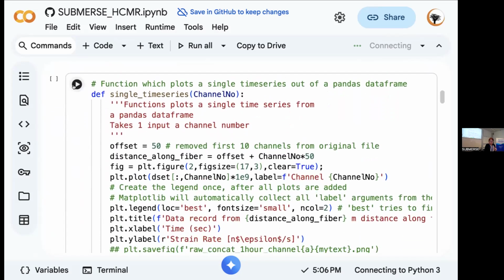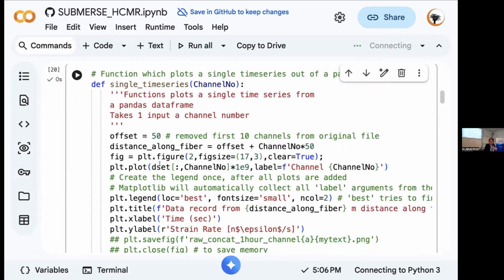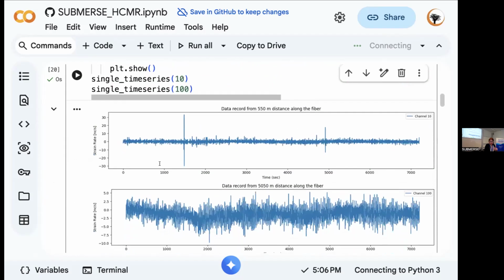I have written a function here that can give you plots of different channels. I converted the channel because of the downsampling to have an idea of where it is along the cable. This is 550 meters. The other one is about 5 kilometers along the fiber. Why is this important? Because the depth changes.